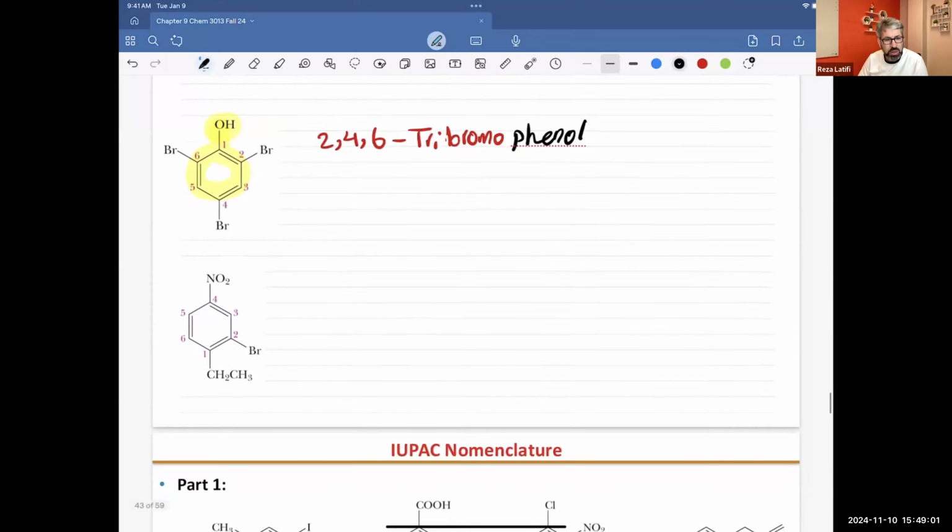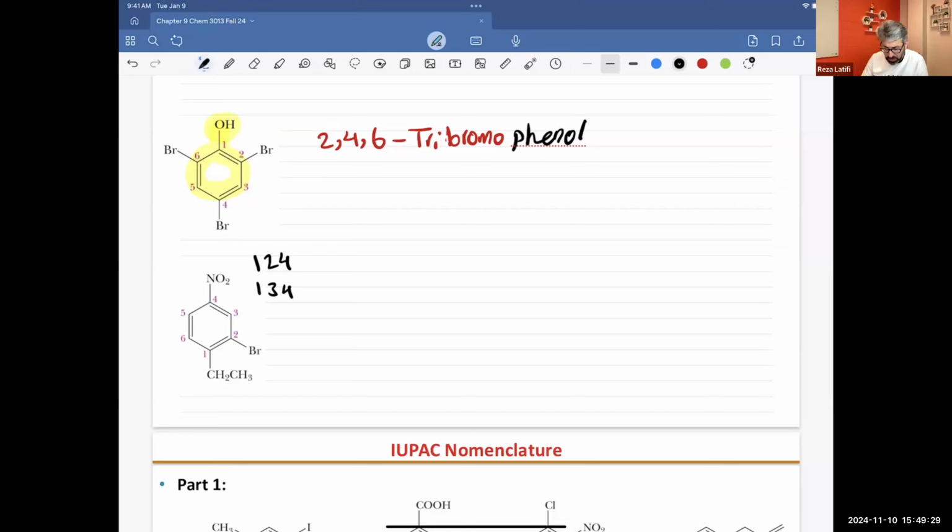Okay, last one. And for the last one, we don't have any specific functional group or common name. So simply let's give them the smallest possible numbers. I'm going to start with the ethyl. Why? Because I get 1, 2, and 4. If I start with nitro, I get 1, 3, and 4.